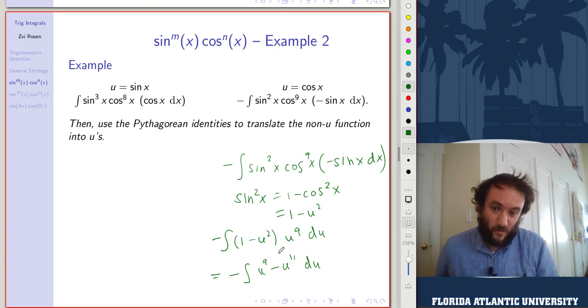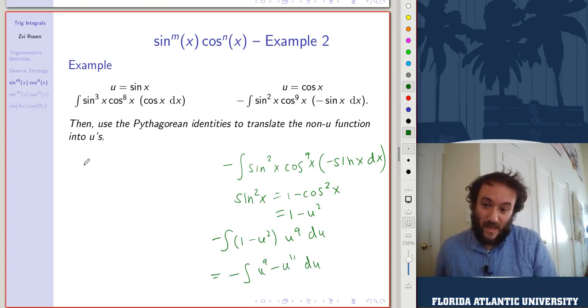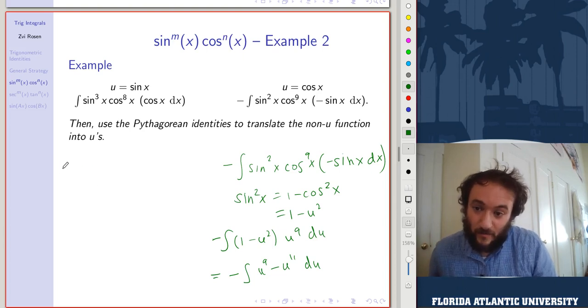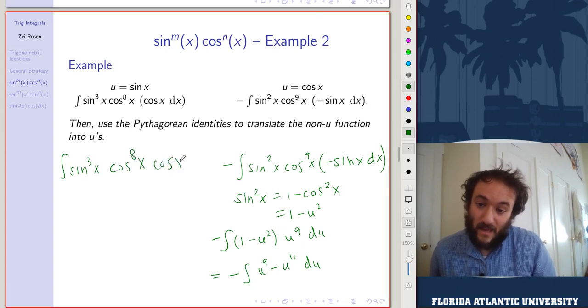And we'll see the conclusion of that on the next page. And here, as I pointed out on the last page, I'll just start it again here. If we were to expand this, we would have the integral of sine cubed x cosine to the 8th x cos x dx. This is going to require cosine squared x equals 1 minus sine squared x, which is 1 minus u squared.